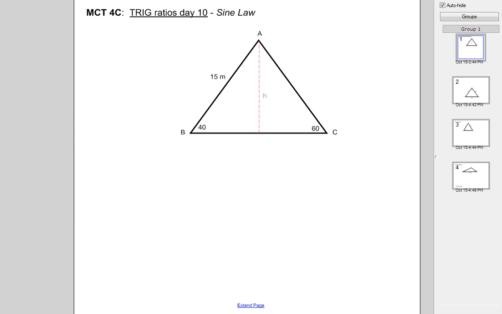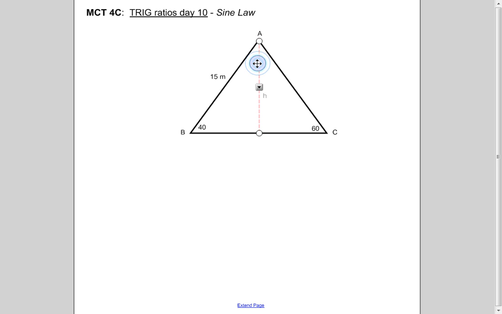For instance, I could drop a height from A down to the base and solve for the sides that way. So I could use my 40-degree triangle on the left side, label that right-angled triangle with opposite, hypotenuse, and adjacent, and find my height by using SOHCAHTOA.